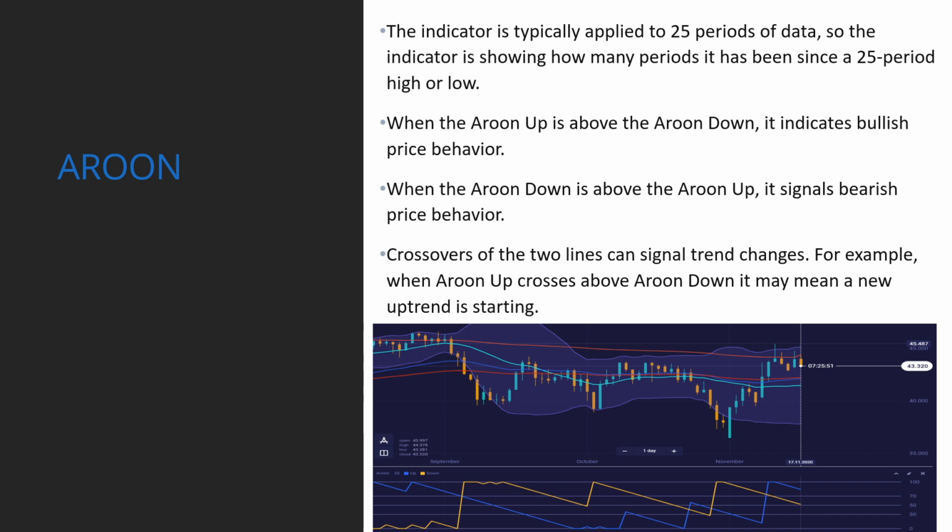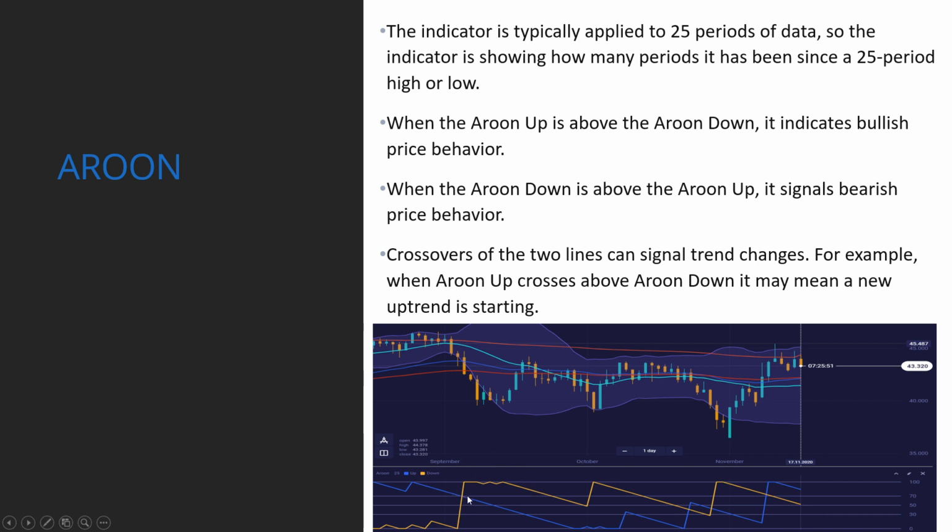When the AROON up line is above the AROON down line, like we have here, it indicates bullish price behavior. Unfortunately, we don't have the other side of the graph, but we can see here that once we start to climb and actually show bullish behavior and a breakout of previous highs, this indicator starts climbing above the down line. And when the AROON down line is above the AROON up line, it signals bearish price behavior.